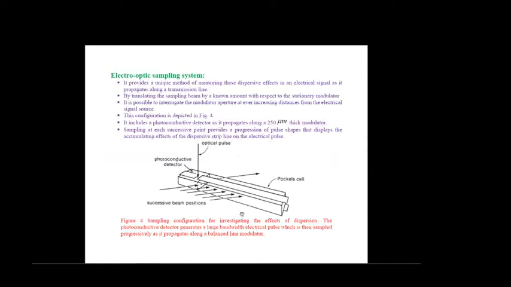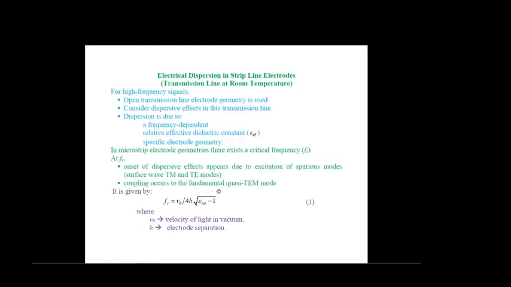In typical microstrip electrode geometries, there exists a critical frequency Fc at which the onset of a significant dispersive effect appears, due to the excitation of spurious modes in the form of surface wave TM and TE modes.